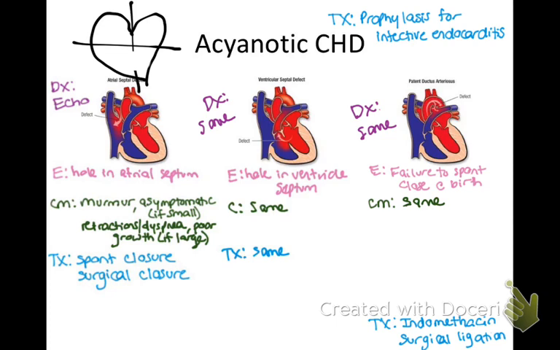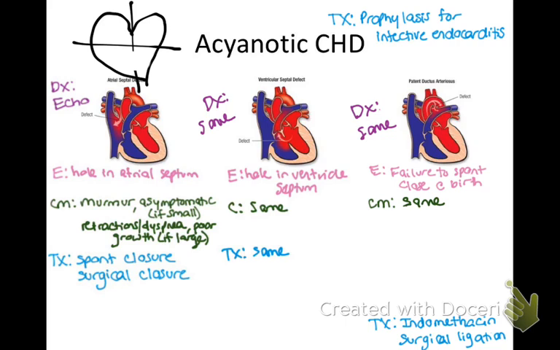Your PDA is that ductus arteriosus that we relied on in utero to keep the baby alive. And for whatever reason, when the baby took its breath, it didn't close. So blood coming from the aorta that should be going out to the body ends up mixing and being pushed into the pulmonary arteries to head back to the lung.